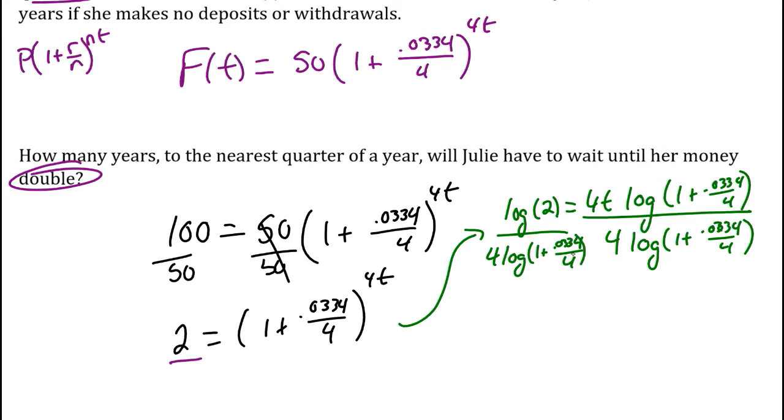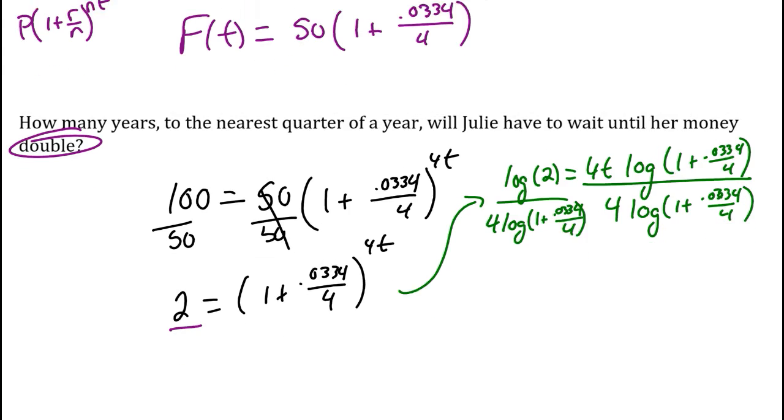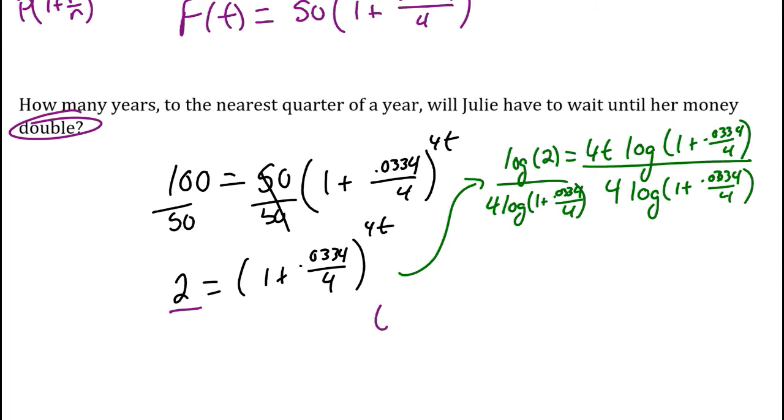So in my calculator, I'm going to type in t equals log 2 over 4 log of 1 plus 0.0334 over 4.